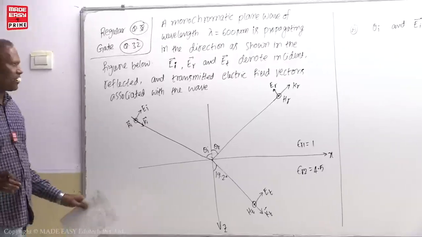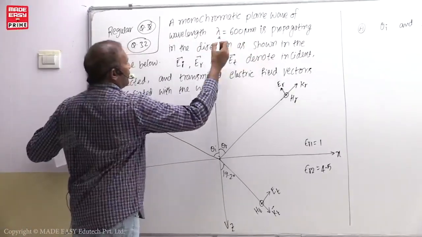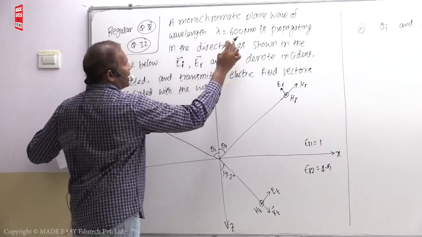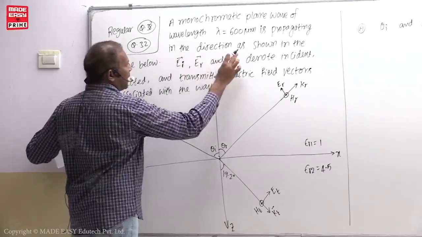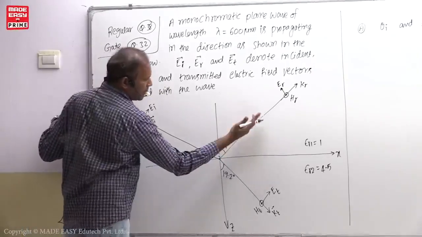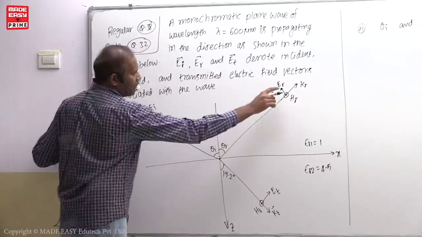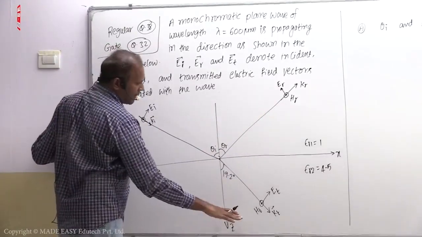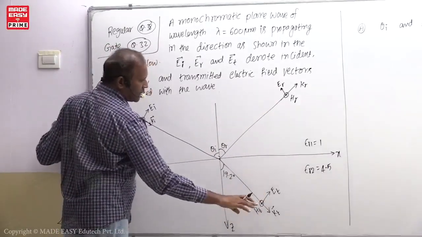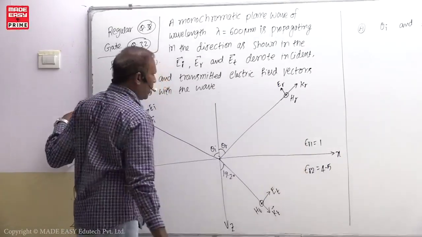Right? So dear students, you see this question. A monochromatic plane wave of wavelength is given, is propagating in the direction as shown in the figure below. So this is medium 1, because in medium 1 incident wave and reflected wave are present. Bottom side is medium 2, where transmitted wave is present. For this epsilon r2 is 4.5, for this epsilon r1 is 1.